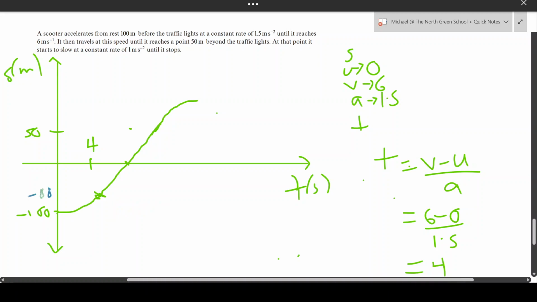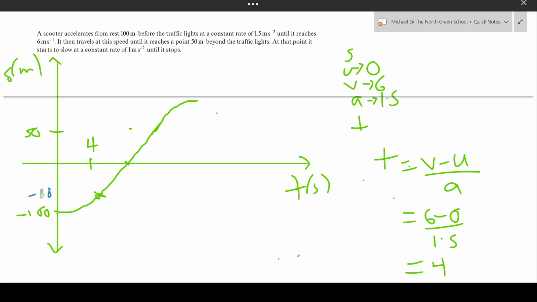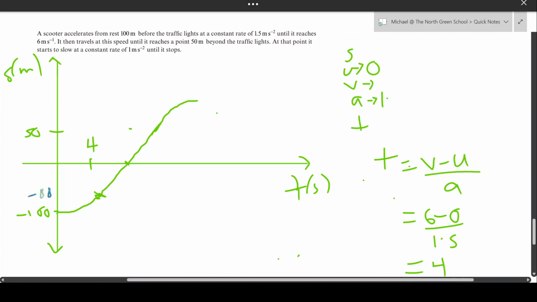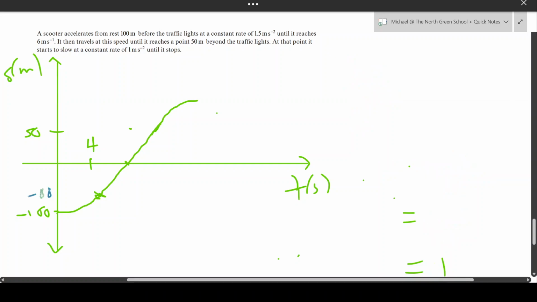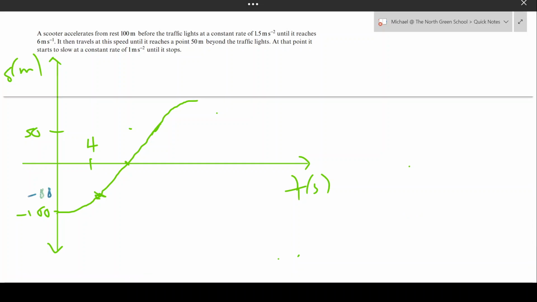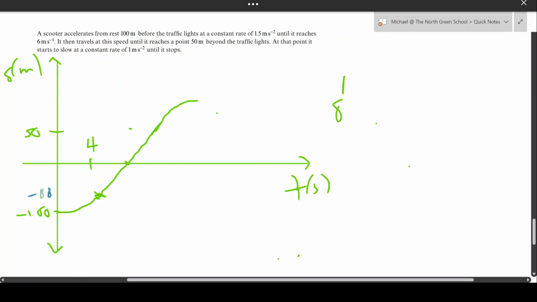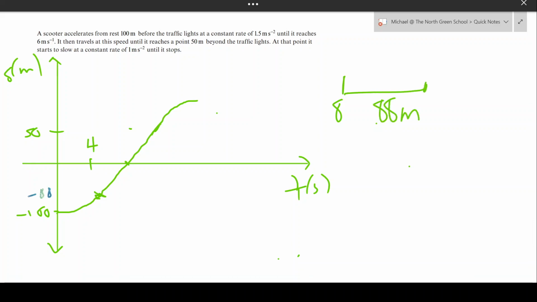Then from there it travels at a constant speed until it reaches 50 meters ahead of the traffic lights. So we need to think about this carefully. Let me draw an image here. The object is now 88 meters away from the traffic lights.